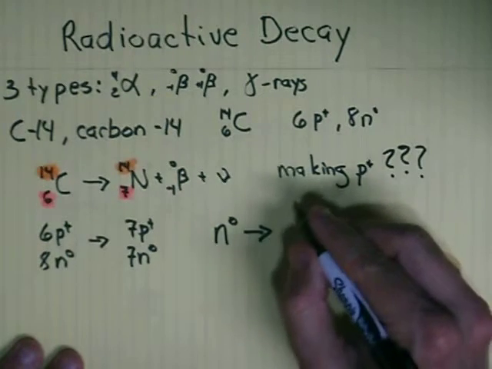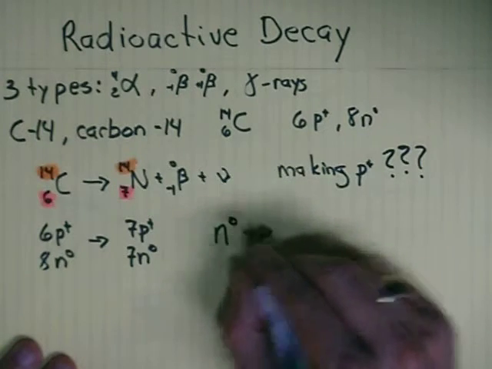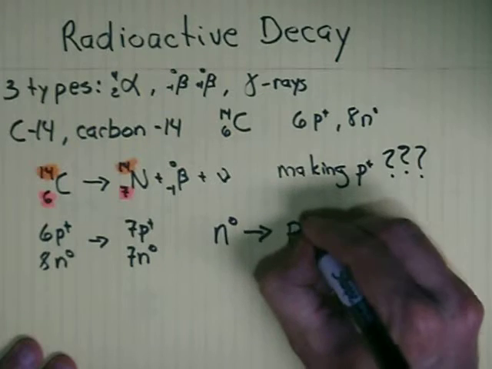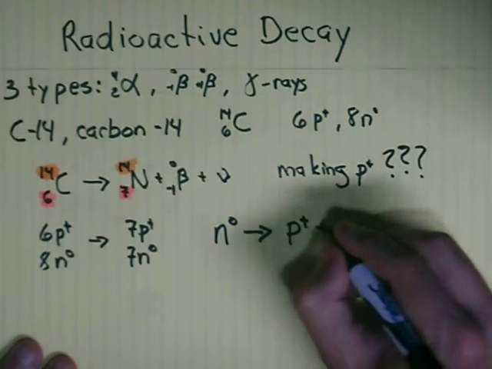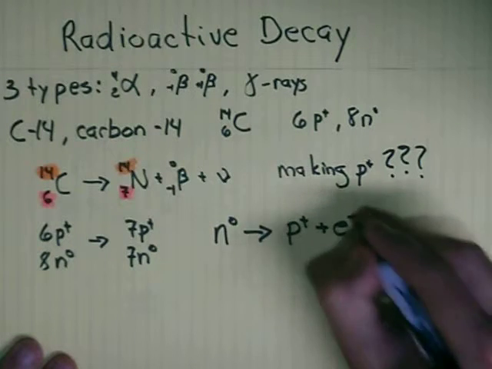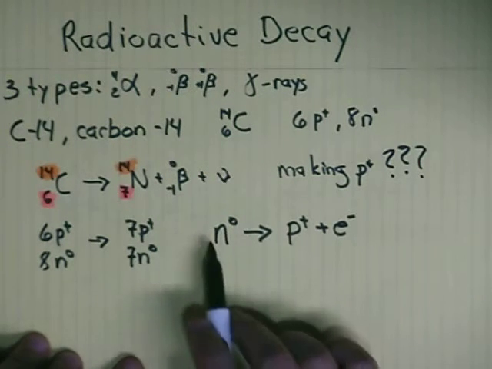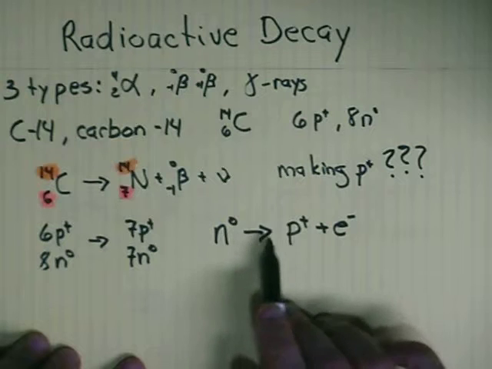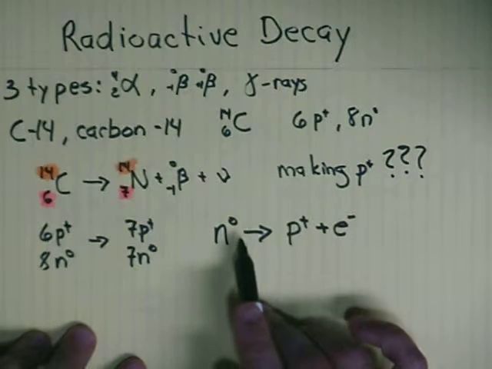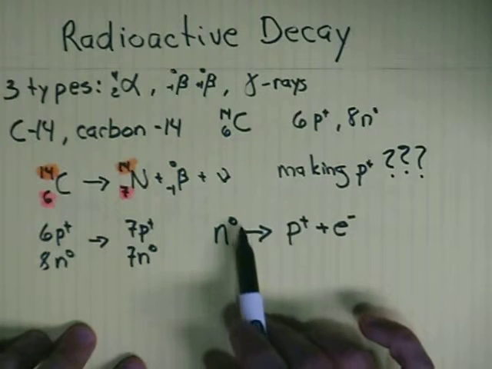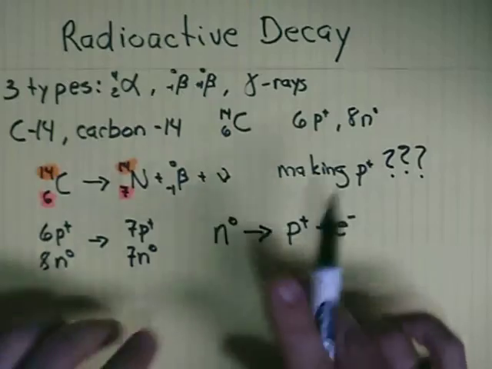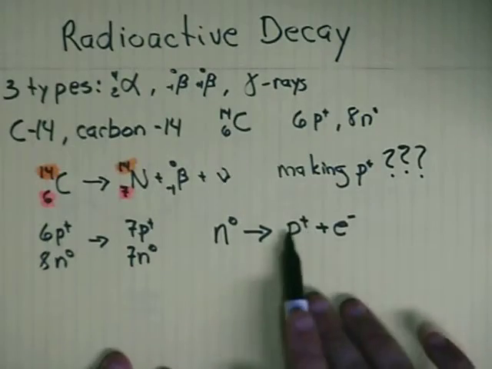We essentially split that neutron into a positive charge, a proton, and in order to maintain our electrical balance, we have to produce an electron. That is essentially what we have with beta decay, the formation of a beta particle: in that atom, one of those neutrons splits into a proton and an electron.